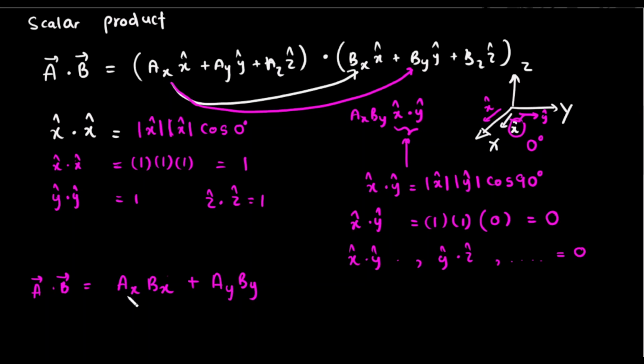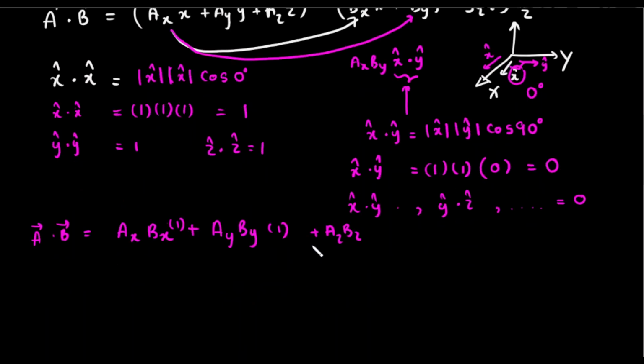And only we have x hat dot x hat, which is equal to 1. So we will have 1 here and we will have 1 here. So we will have the az bz term.